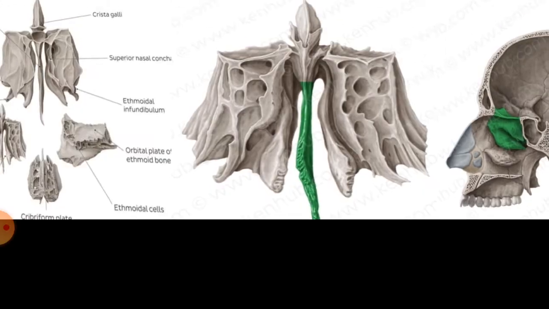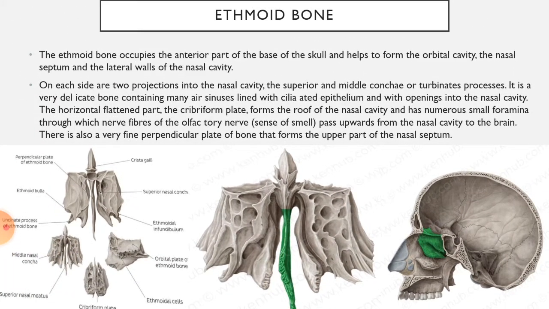We know that there are paranasal sinuses: ethmoidal, sphenoidal, maxillary and frontal sinuses. These air cells are basically responsible for resonance, and here the ethmoidal sinuses lie, and these connect with the nasal cavity.